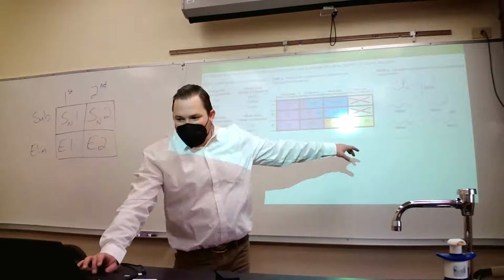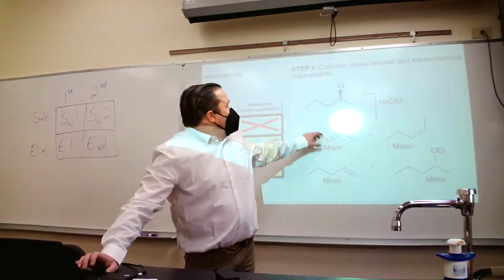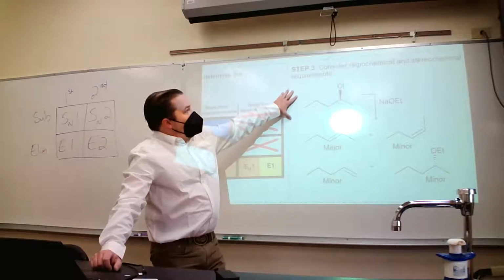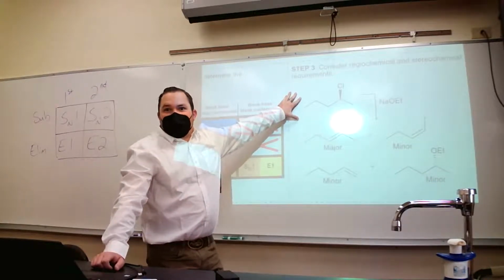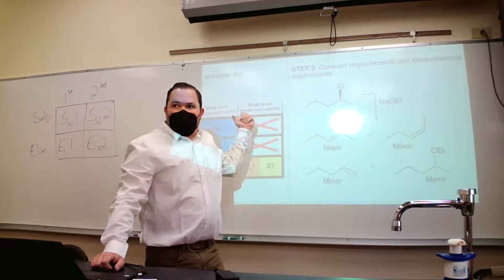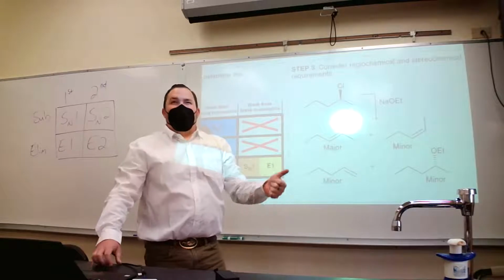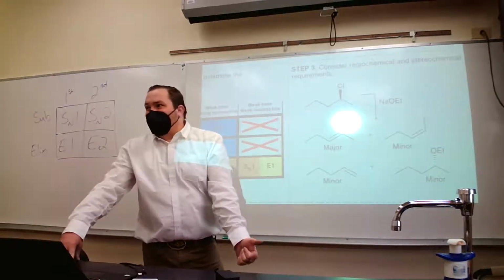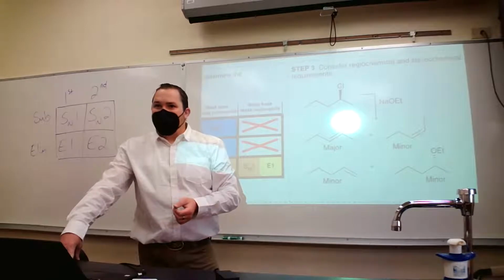And the last piece here, just to consider stereochemical requirements. So that's when, once you've picked your mechanism, now you have to say, okay, SN2 means no rearrangement, but I do have to worry about my stereochemistry flipping.